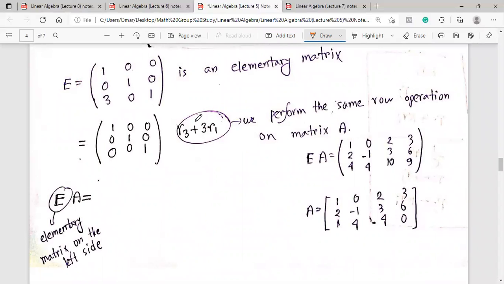I think there will be a minus here, because if I multiply the first row with 3, it will be 3 and 0 and 0, and then I subtract the first row from the third row.